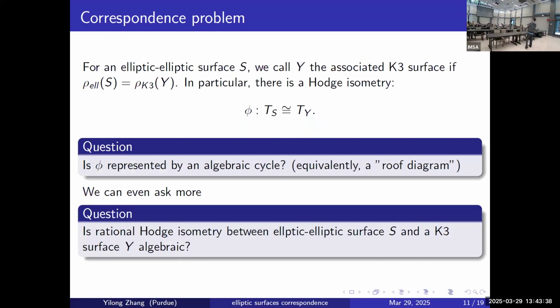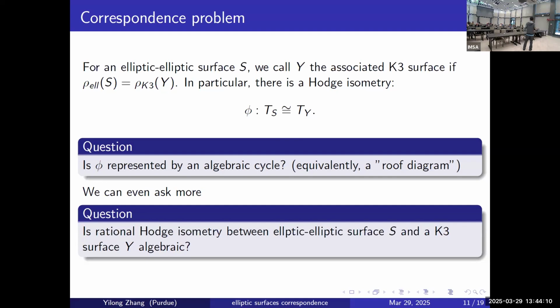So here come the problems we are going to study. We start with the elliptic surface X, and then we call Y the associated K3; they have the same period image. And by this Torelli theorem, you actually have a unique one. Now, the natural question asking on the Hodge conjecture is, can you show that this correspondence on the transcendental Hodge structure is algebraic?